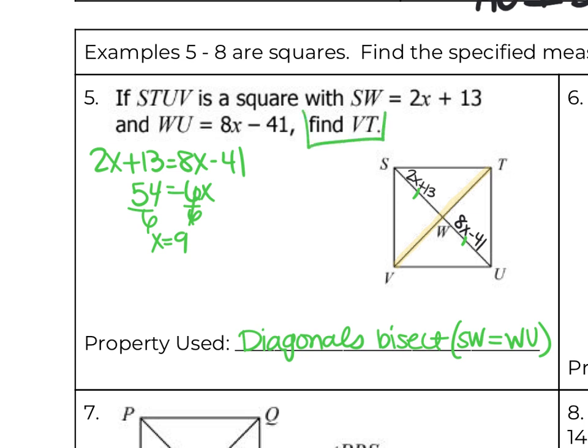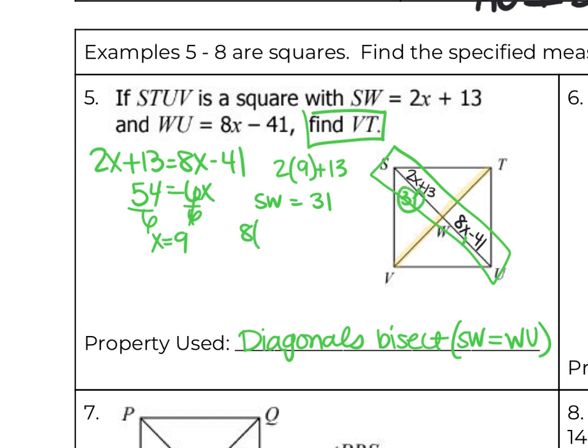I am looking for VT though. I did not have VT, but I do know that SU is congruent to VT. So I can find SU, and that will be the same as VT. So basically you can just plug into those. If I plug in 9, 2 times 9 plus 13 gives us SW equal to 31.